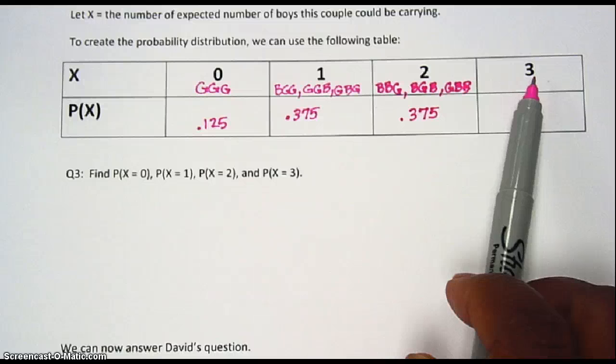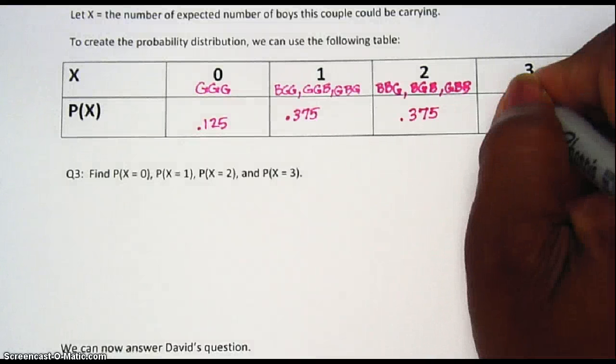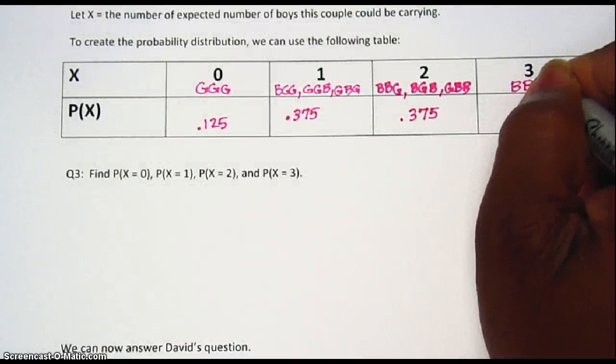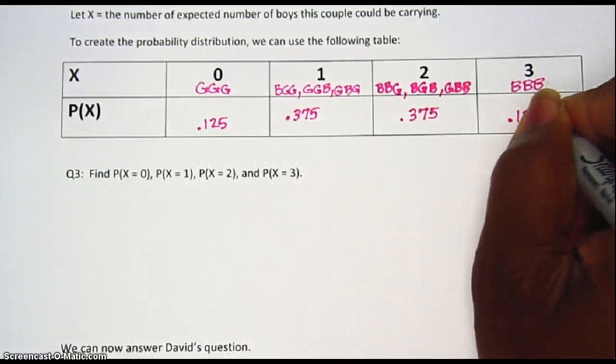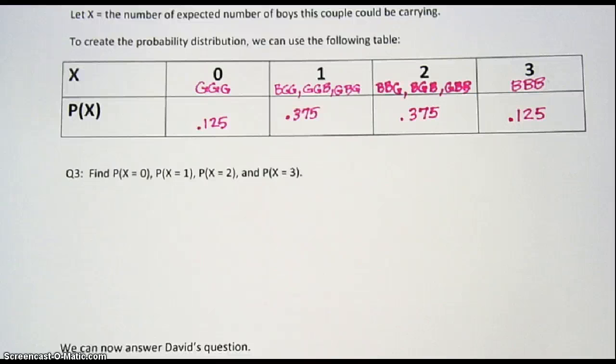Lastly, the only way for the couple to have 3 boys is to have boy, boy, boy, and we saw that that probability was 0.125. Now, let's look at the probability distribution itself, and we found these, and so now we can begin to answer Mr. Sissel's question.